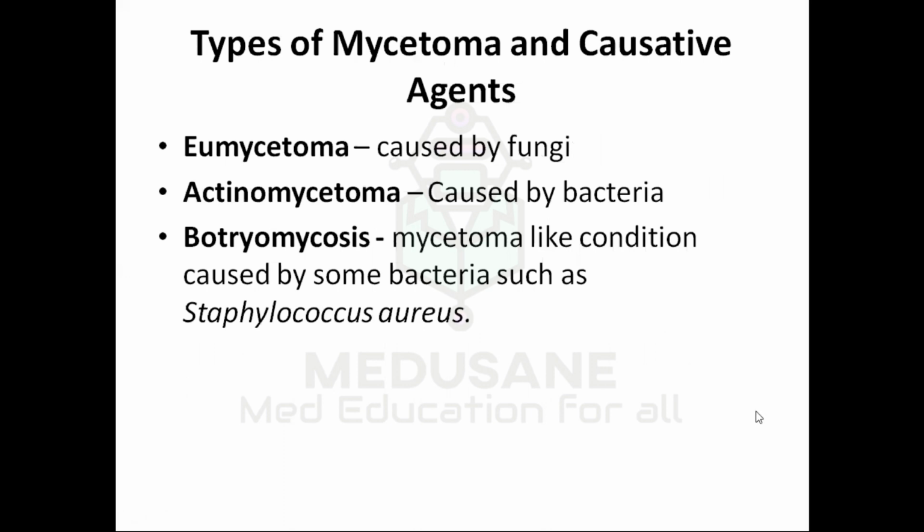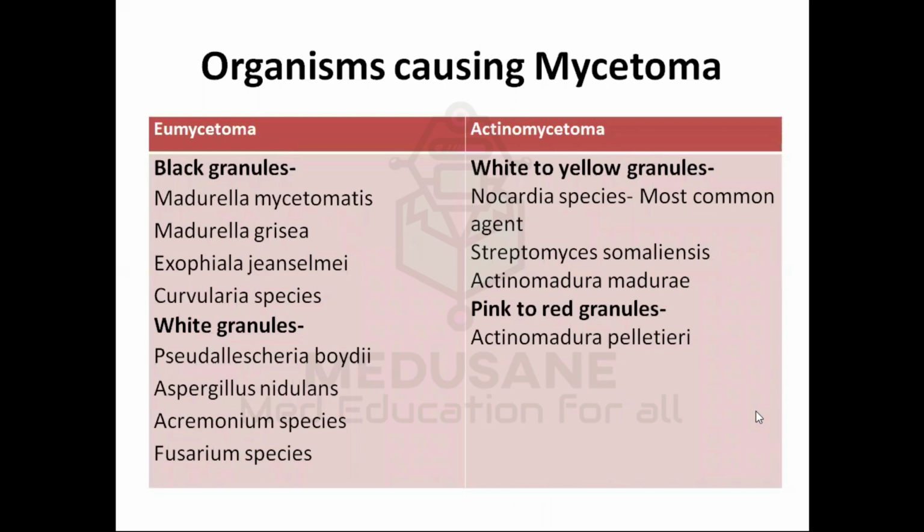So, the types of mycetoma and the causative agents: eumycetoma is caused by fungi, and actinomycetoma is caused by bacteria, and there is a botryomycosis which is caused by Staphylococcus aureus. So, what is the main difference between eumycetoma and actinomycetoma? Eumycetoma causes black granules and white granules, and actinomycetoma causes white to yellow granules and pink to red granules.